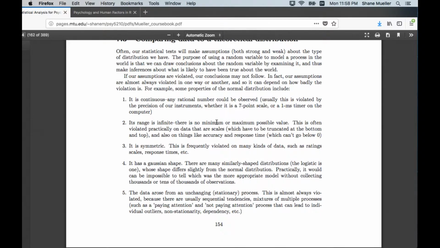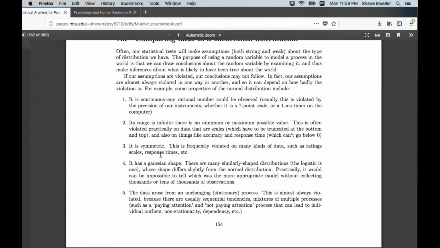So a test score is also not continuous. A test score will violate both of these, but people still will use the normal to model that. Another fact is that it's symmetric, and a lot of our data are not symmetric, but we may still use a normal distribution to model them.